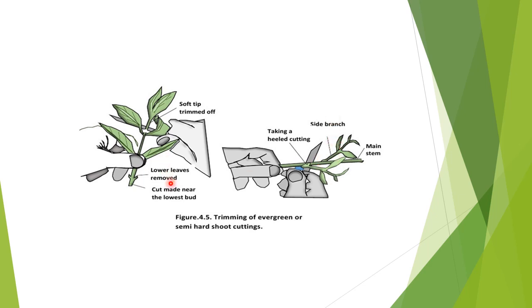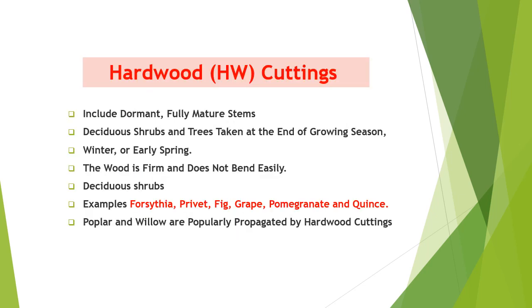Here you are removing the lower leaves, and if it is the terminal portion, the soft tip is trimmed also. So this remains as a cutting. The upper few leaves are retained, whereas the lower leaves are removed. The cut is made nearer the lowest bud. So this is how you can make the evergreen or the semi-hardwood shoot cuttings.